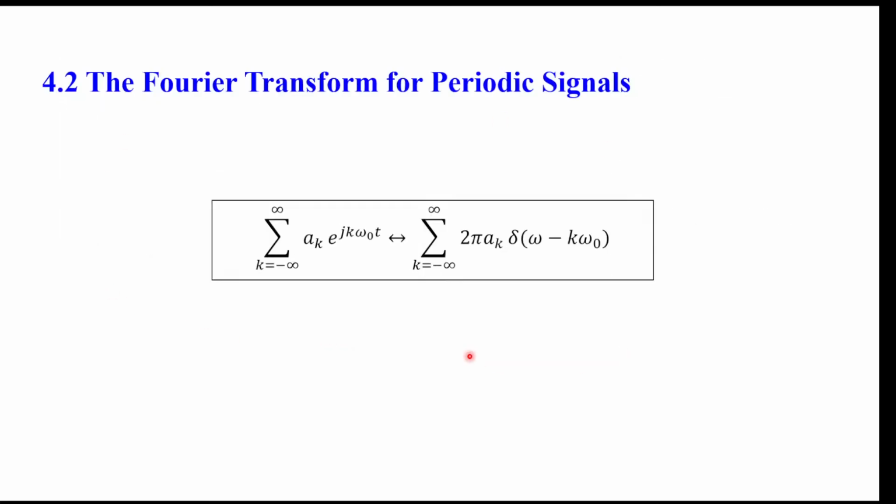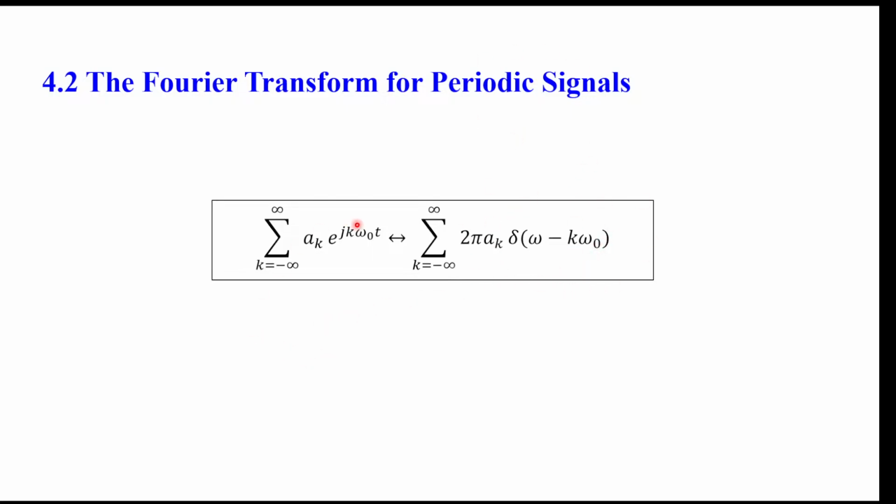Okay. And then we have the Fourier transform for periodic signals. The table we have at the very beginning says the Fourier transform is for aperiodic signals, but we can expand the definition a little bit to include periodic signals by using the delta function.